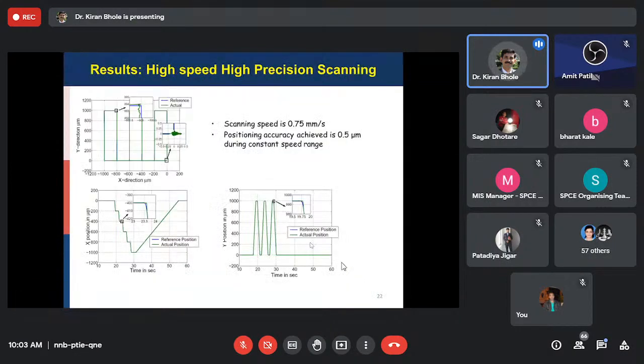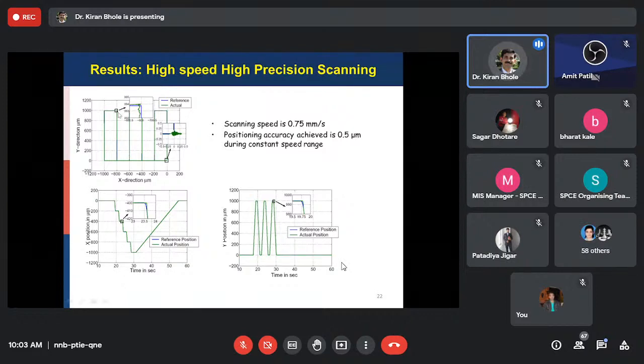Now, these are the results obtained at high speed and high precision scanning. You can see here this is the scan path, and this blue one is the reference line, and the green one is the actual line. We can hardly see any difference between the reference line and the actual line, and thus we can say it is very accurate.